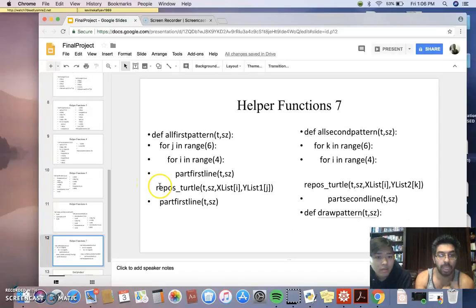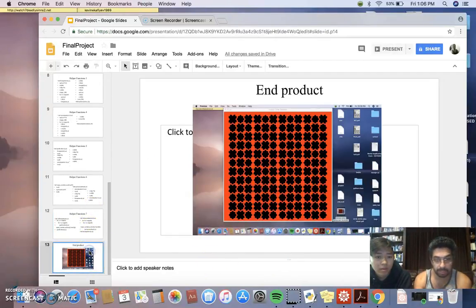And this is like the end product of all that we're doing. We're defining a lot of stuff. We're repositioning the turtle to T-size X list and Y list too. And after everything that we've done, this is what the end product is going to look like.